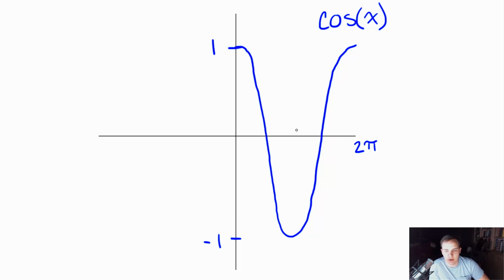Okay, so halfway through here, right in the middle, that is pi, and at the very bottom it touches down at -1, and it crosses the x-axis a quarter of the way through, so we could call that pi over 2. And it goes back up a quarter of the way between pi and 2 pi, which we could call 3 pi over 4 if we wanted.